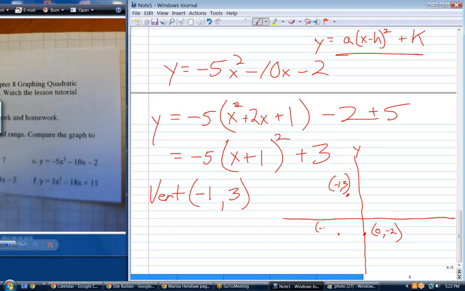Okay. And then my curve looks like this. What's the domain? All real numbers. What's the range? Y is less than or equal to 3. Correct. Okay. Good. You're getting better at these.